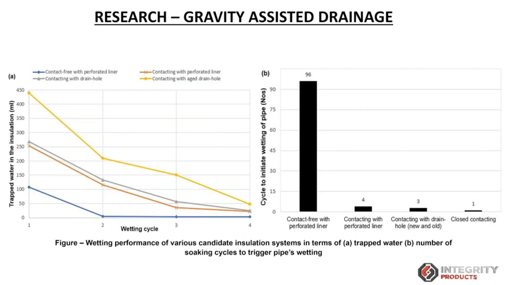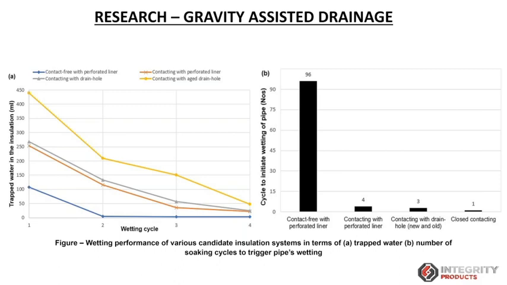But in the second cycle, the insulation is a bit saturated, so it's not trapping any moisture. 700 ml out of 700 ml, almost the same amount, came out from the drain hole. The blue one contains the drain plug and the contact-free system. This way it's giving a comparison.